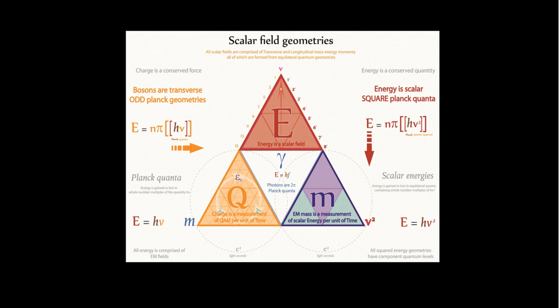If you want to measure the mass or the impedance, the inertial mass of a field or a particle, you have to measure its energy content, and more specifically, the reluctance of that energy to change to forces applied to it.